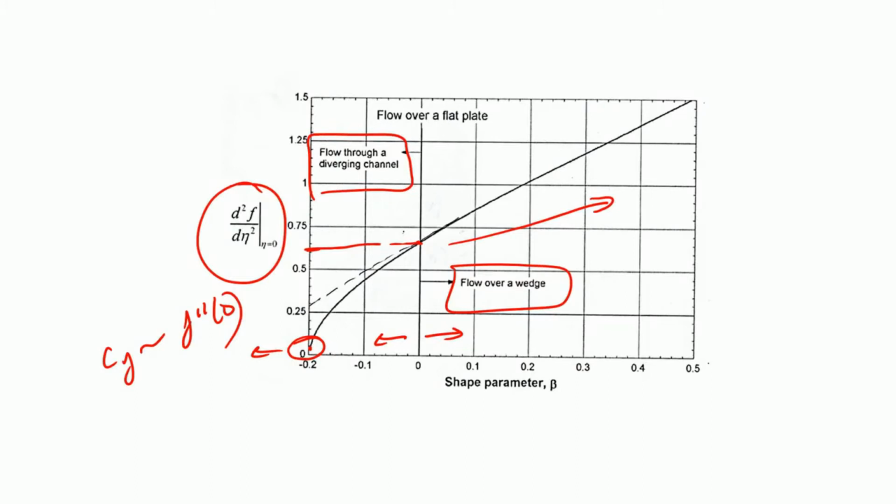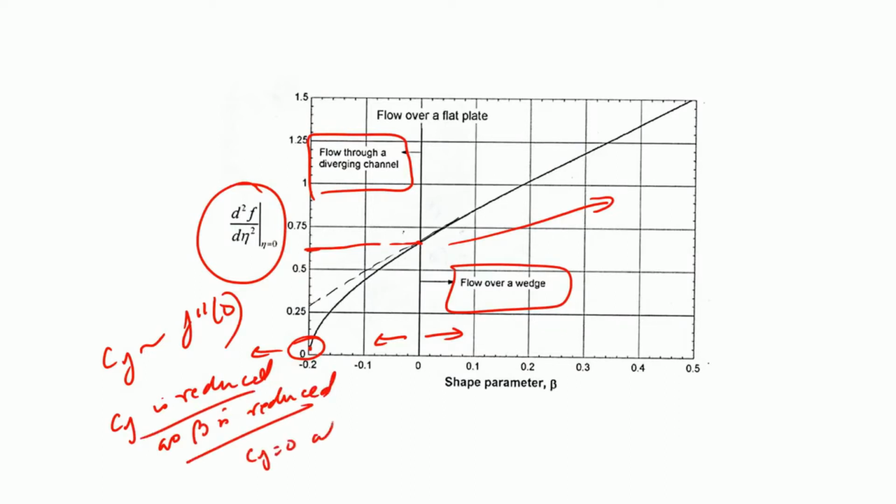Based on this, we can certainly say that Cf is reduced as beta is reduced, and Cf becomes equal to 0 at the point of separation.